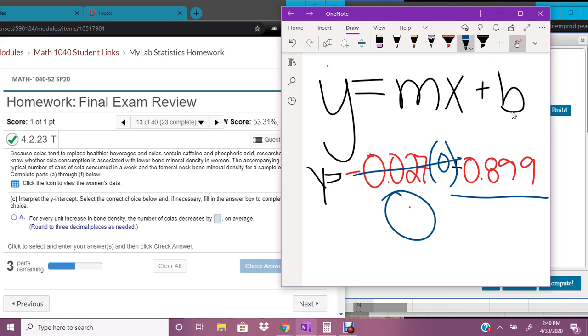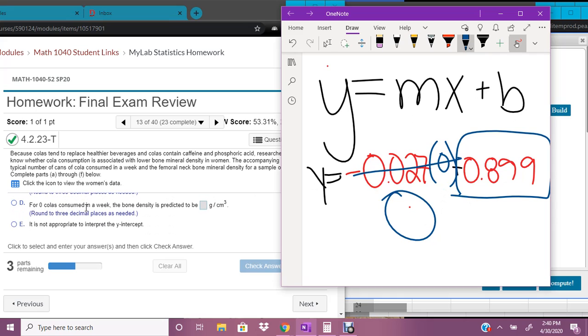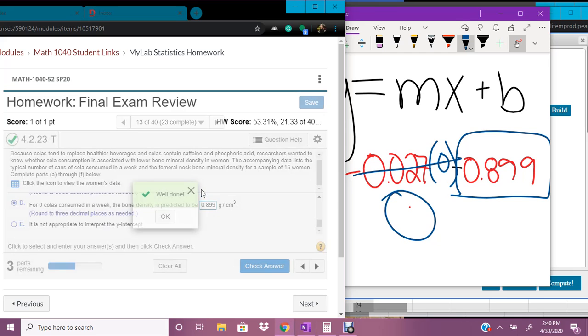And so then what we're left with is our y-intercept. So that means that if x is at 0, that's what our y-intercept is. It's our starting point. So for 0 colas consumed in a week, the bone density is predicted to be 0.899.